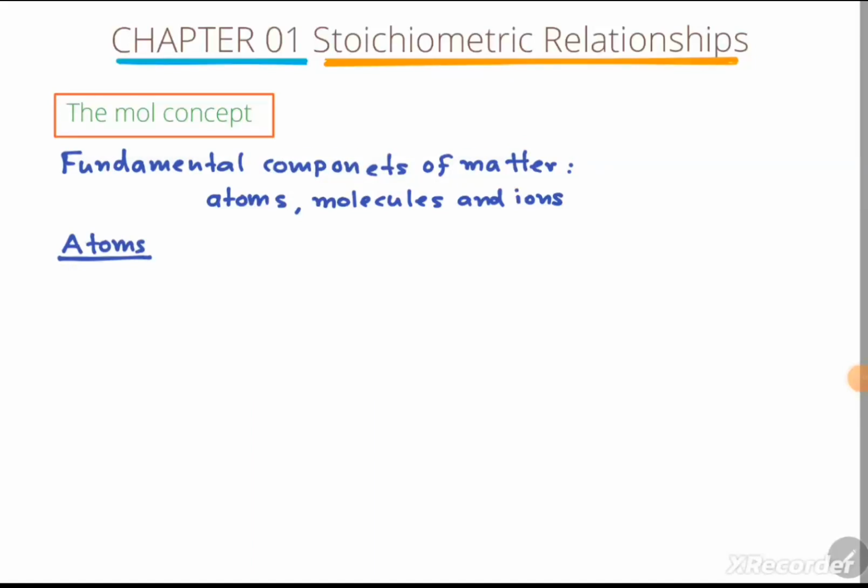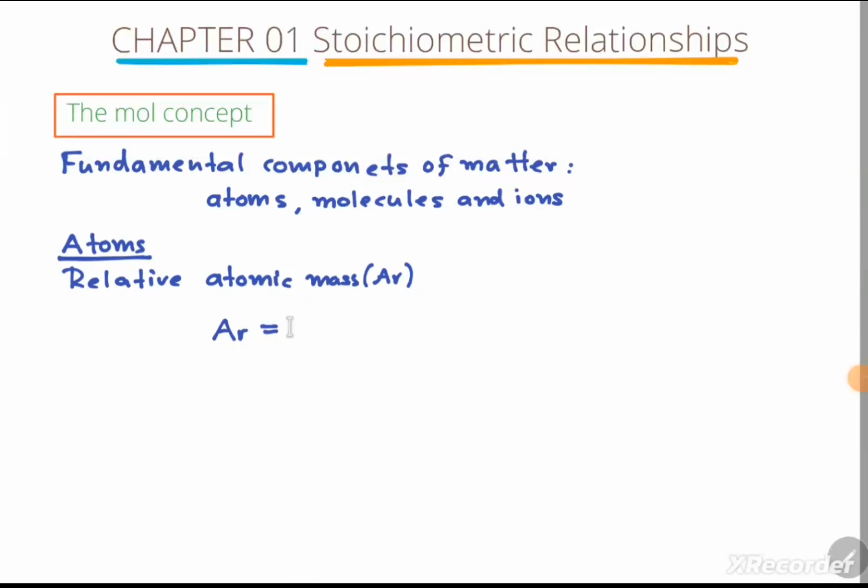The mass of an atom is very small, and in practice, we are interested in the relationship between the atoms of the elements that interact in chemical reactions. This is why the relative atomic mass was defined. So, the relative atomic mass AR was defined.